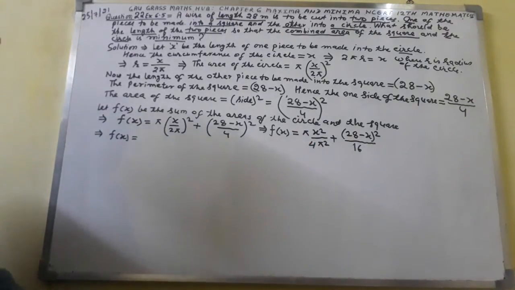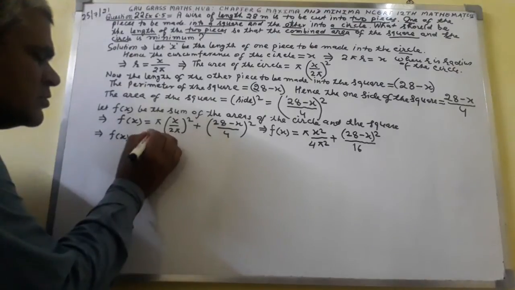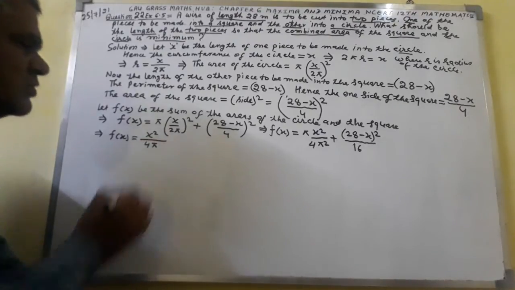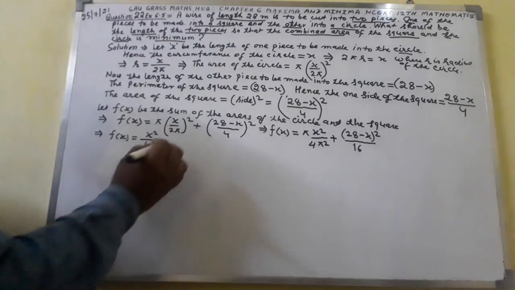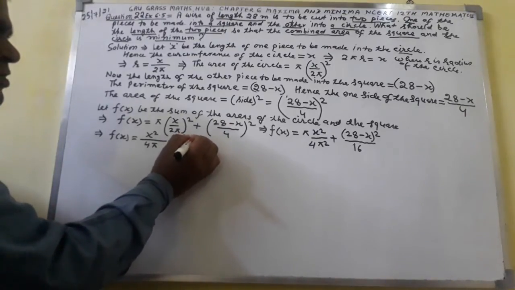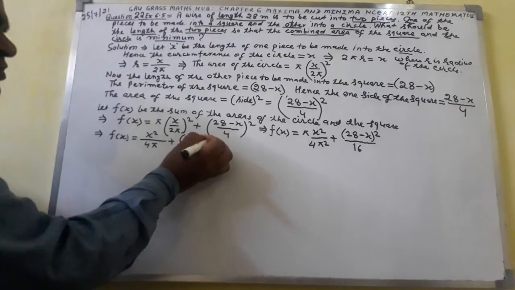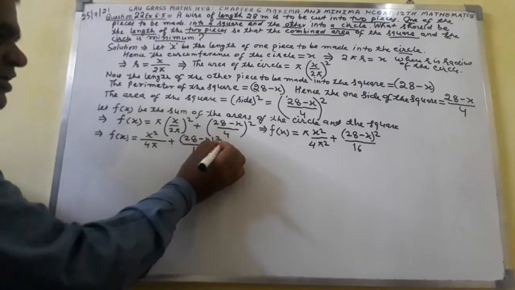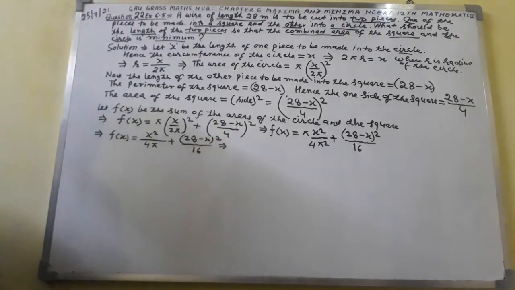We will get x square over 4 pi, plus 28 minus x whole square over 16. This value I have got.